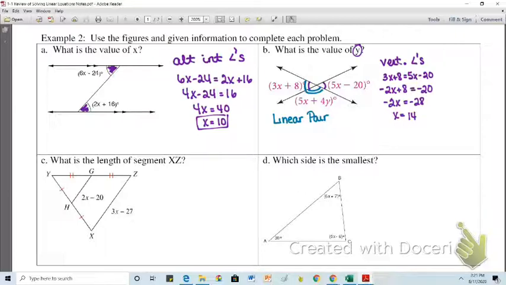Linear meaning straight line, pair meaning two. If those are a linear pair, we know that they must equal 180 because all straight lines add up to 180. So I'm going to do 3x plus 8 plus 5x plus 4y equals 180.